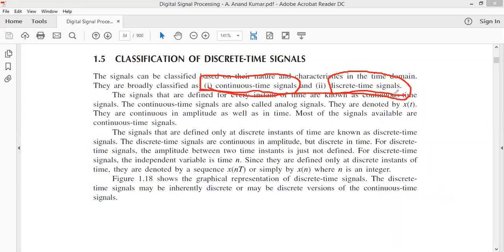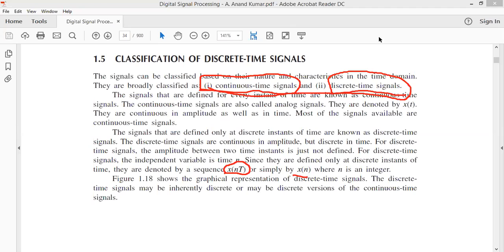For example, we sample the continuous time signal at t equal to nT, so we get a discrete time signal, which we represent as x of nT, where small n varies from minus infinity to plus infinity. T is a constant, which gives the distance between successive samples. The distance between successive samples will always be equal, so we represent it as x of n. This is about discrete time signals.